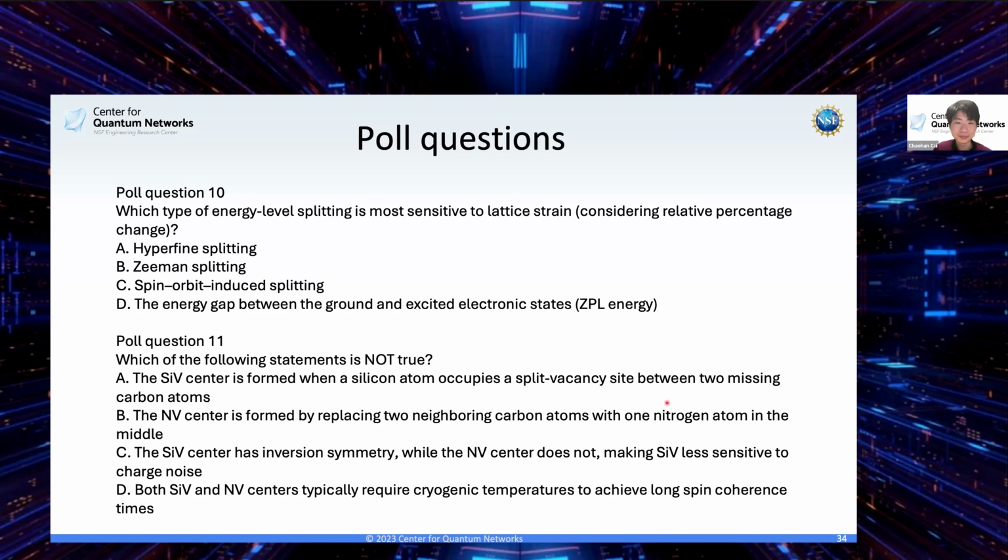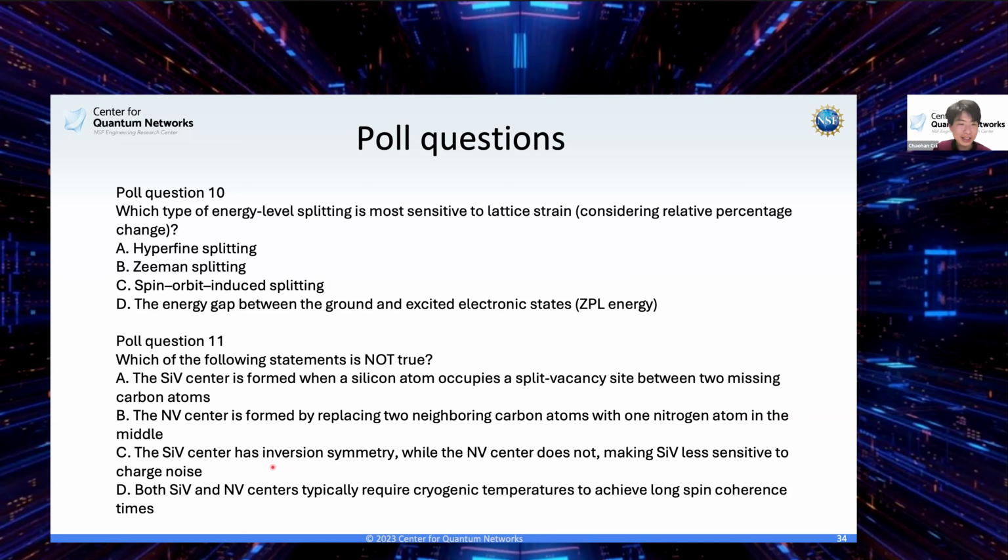So the B should be, I don't know why I dropped this in the middle there, the B is not true. An NV center is formed by replacing two neighboring carbon atoms with one nitrogen atom at one carbon site and the other carbon site being a vacancy. The pop-up poll answer is a little bit erroneous there, though it has a correct label.